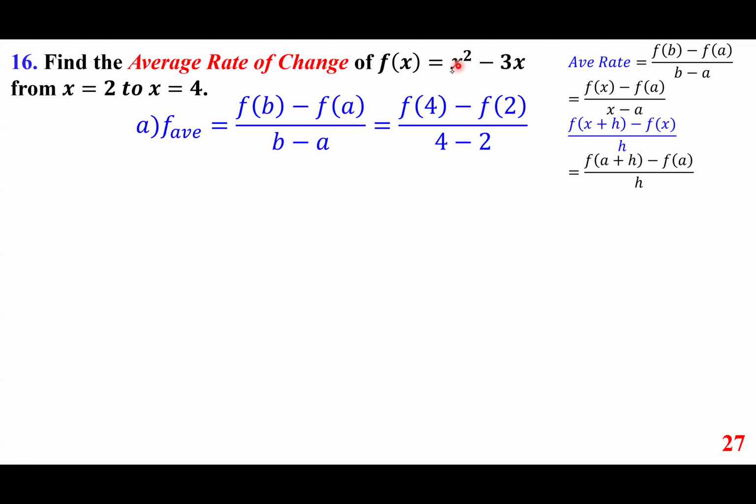So basically plug in 4, you get 4 squared minus 3 times 4, minus plug in 2, you get 2 squared minus 3 times 2. The denominator is just 4 minus 2 or 2. So let's evaluate this.